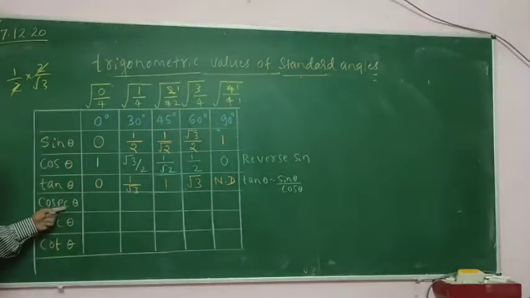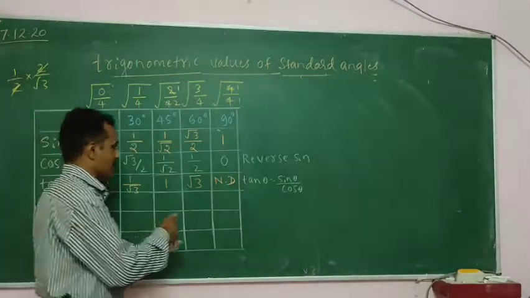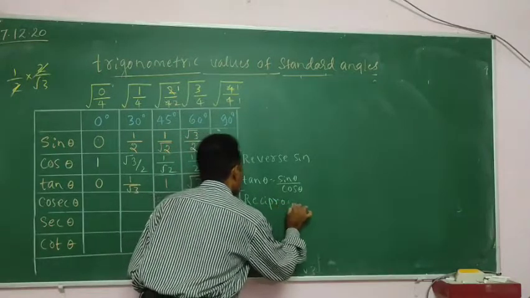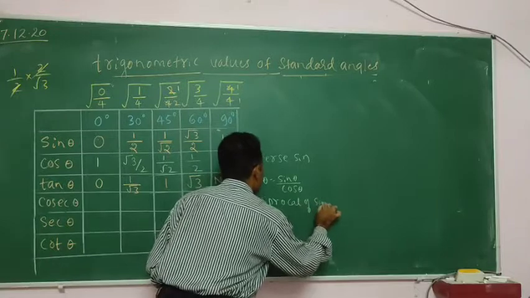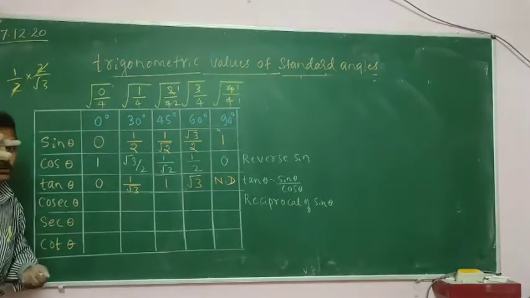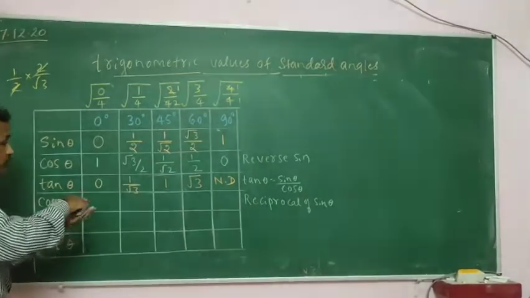ओके. आपको चाहिए कोसेक. आपको पता है कोसेक मींस रेसिप्रोकल ऑफ साइन थीटा. साइन को रेसिप्रोकल मतलब न्यूमरेटर डिनोमिनेटर, डिनोमिनेटर न्यूमरेटर.